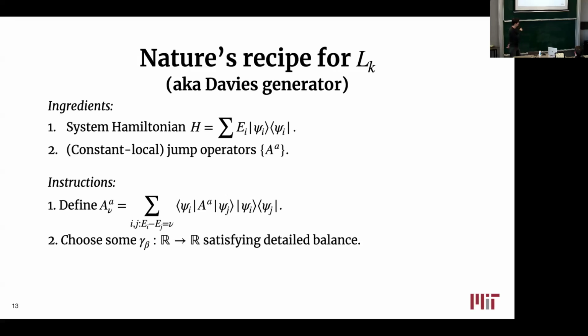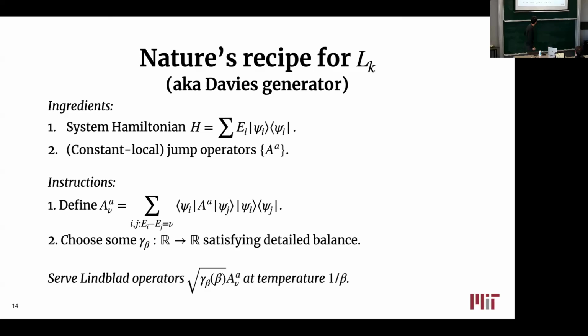And these A_nu^a operators, it turns out, are going to be our Lindblad operators. But we're going to have to rescale them by some scalar, which satisfies something called detailed balance, which I won't get into since it won't actually matter for the lower bounds. Your Lindblad operators are given by just these A_nu^a operators, essentially.